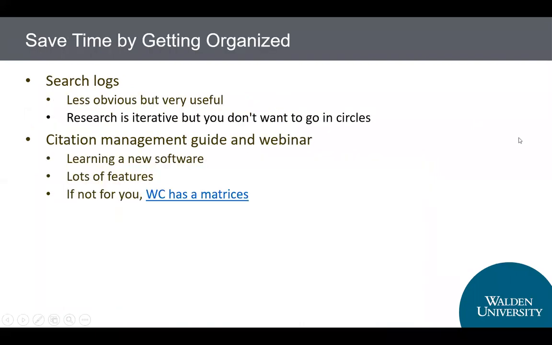The next thing I want to talk about is organization. Organization is essential as you work from start to finish on your capstone. The sooner you start, the better it will be for you in the long run. Good organization will allow you to see where you've been, help you avoid repeating ineffective searches, and help you easily find resources that you have collected when you need them.